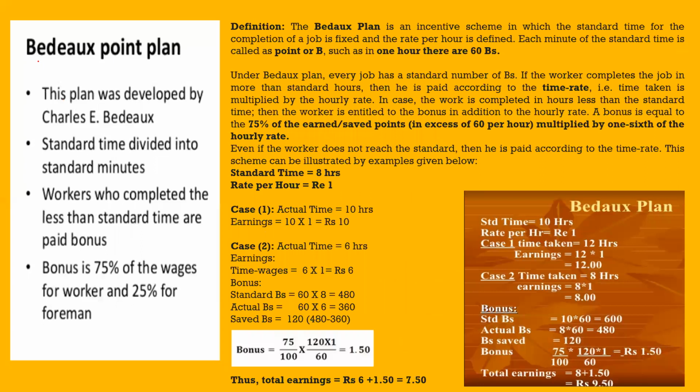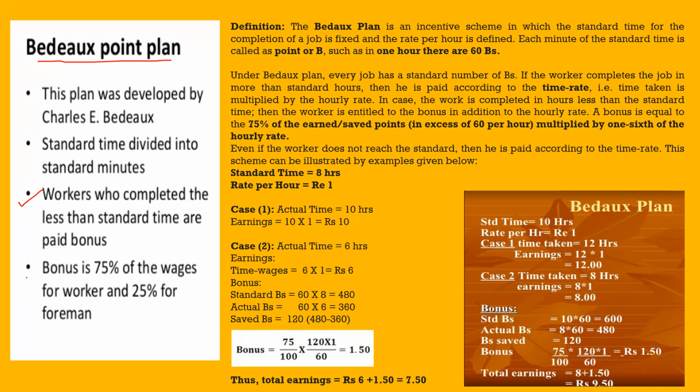Next, Bedaux point plan. This plan was developed by Charles E. Bedaux. Standard time divided into standard minutes. Workers who complete the work within or less than a given standard time will be paid the bonus.